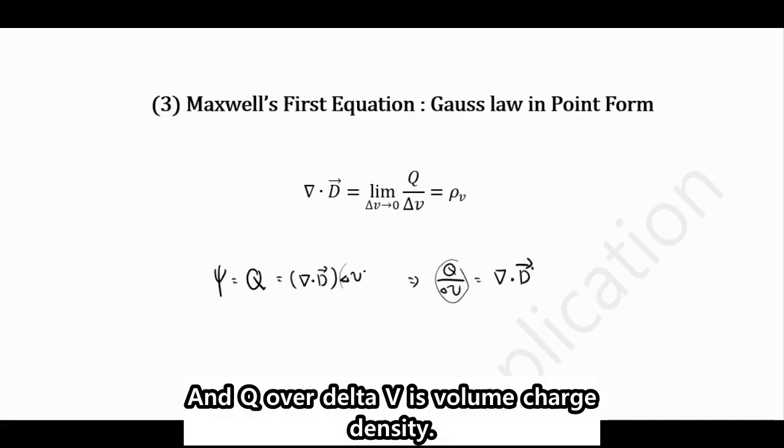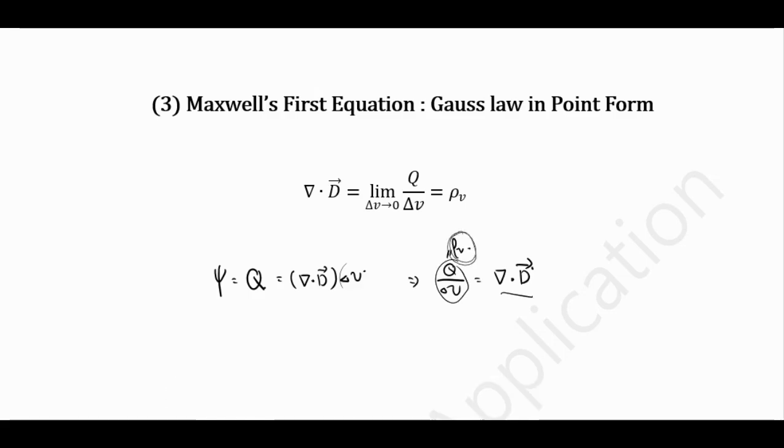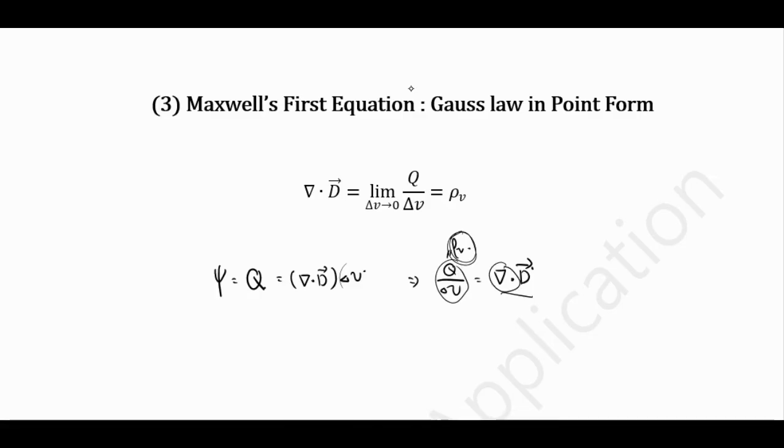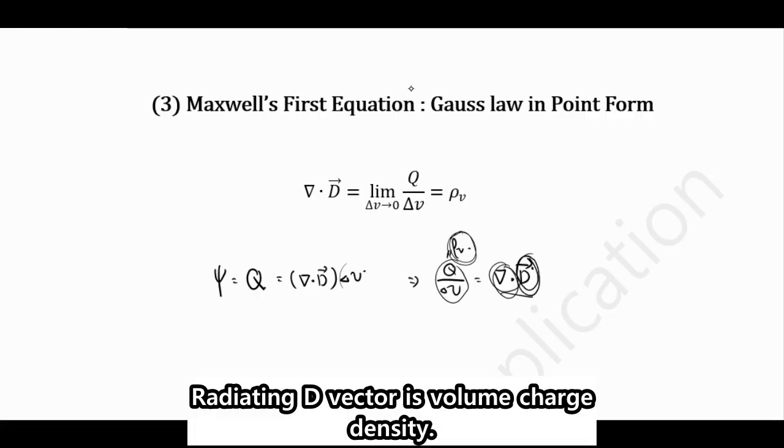And Q over delta V is the volume charge density. So the divergence of D vector is the volume charge density.